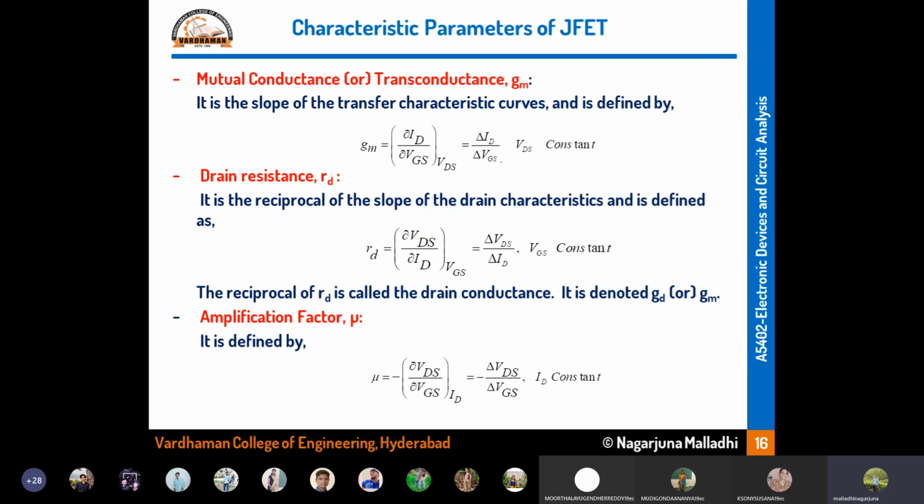Like if we take the BJT characteristics, we have H parameters, no? So HI, HF, HR, HOE. Like that, these are the parameters for the JFET, like the H parameters of BJT: mutual conductance, drain resistance, amplification factor.